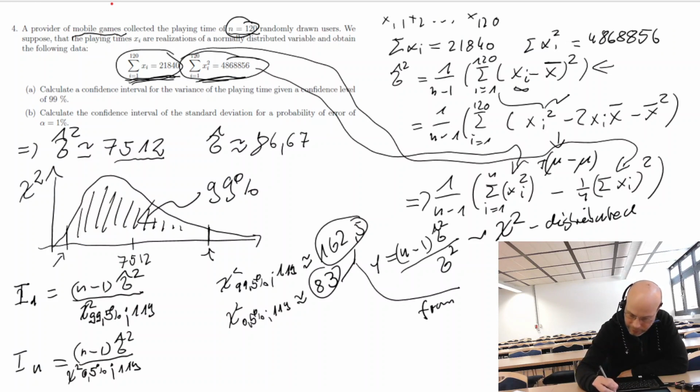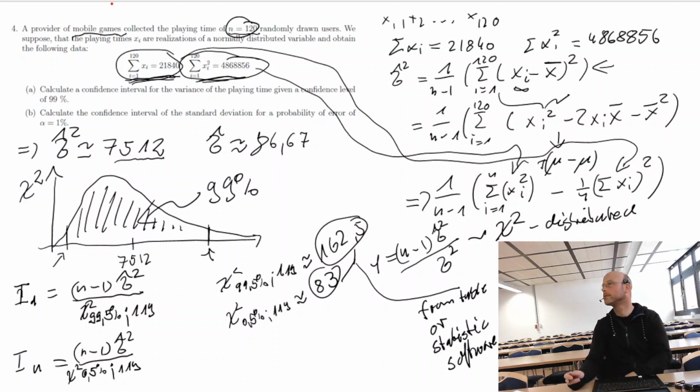These two numbers come from a table or statistic software. This is the same as when you know that for a confidence level of 95% normally distributed, you use the number 1.96. This is the equivalent number just from the chi-squared distribution.